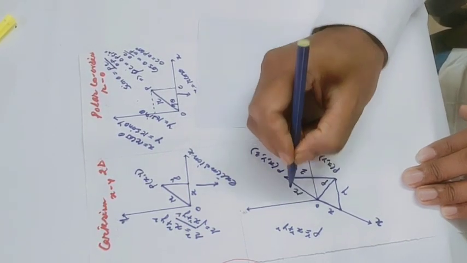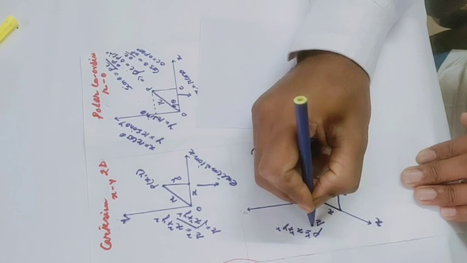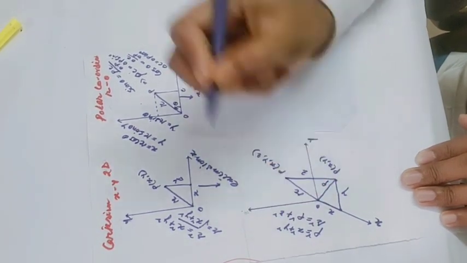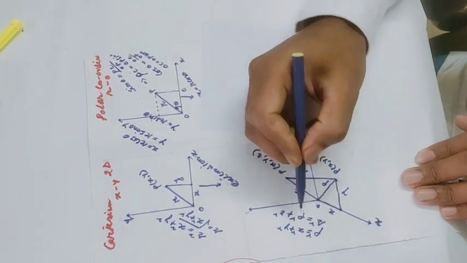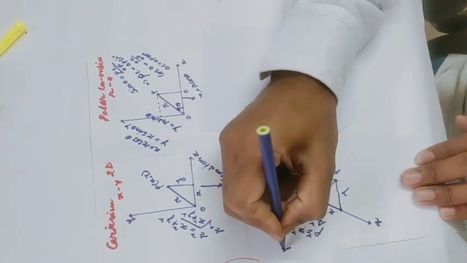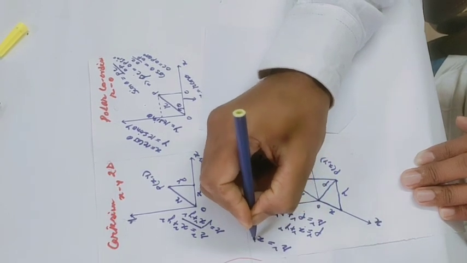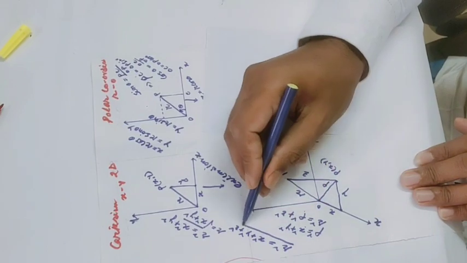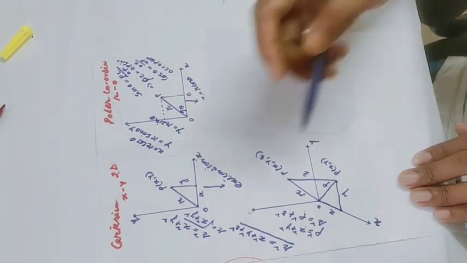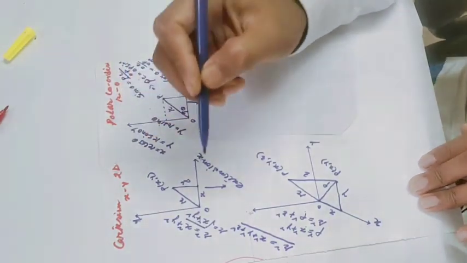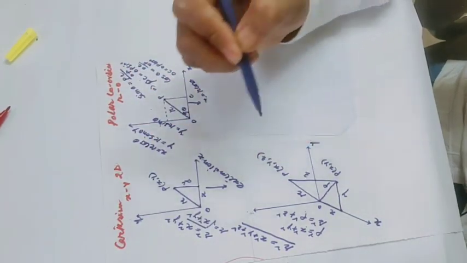If I consider this is r, then r square is equal to rho square plus z square. Again rho square is equal to x square plus y square, so r square is equal to x square plus y square plus z square in the 3D Cartesian coordinate system. So we have just extended from the 2D Cartesian coordinate system to a 3D system.